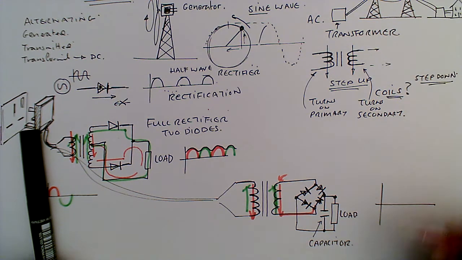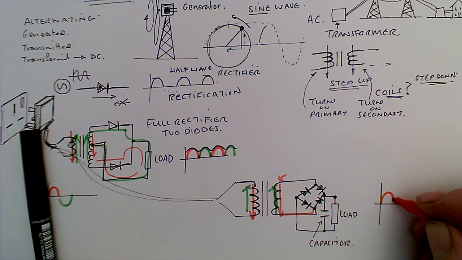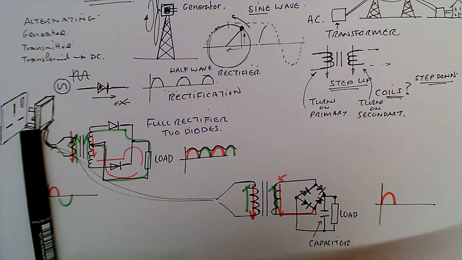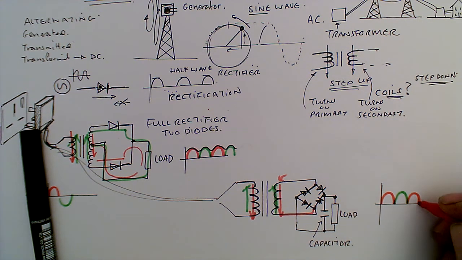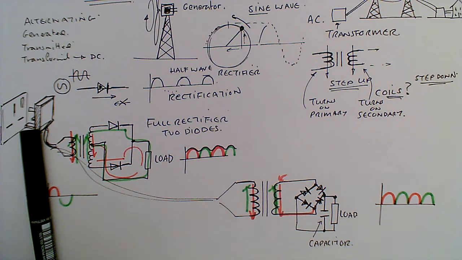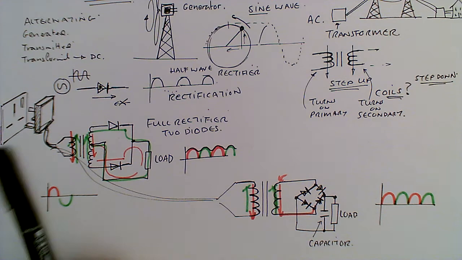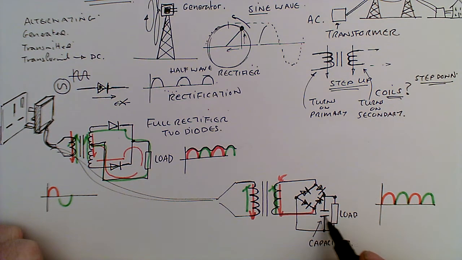So if we looked at what we'd have, we'd get our positive, and we get our negative, and then what do we get? So we've got our direct current. It's still a bit bumpy, and that is where the capacitor comes into play. So here's your capacitor. Now what happens with the capacitor is, if we looked at before, capacitors charge and they discharge.